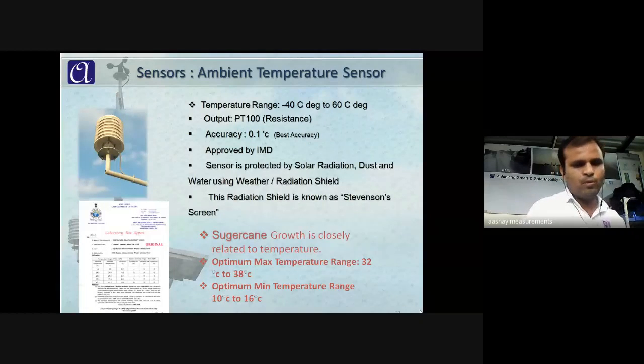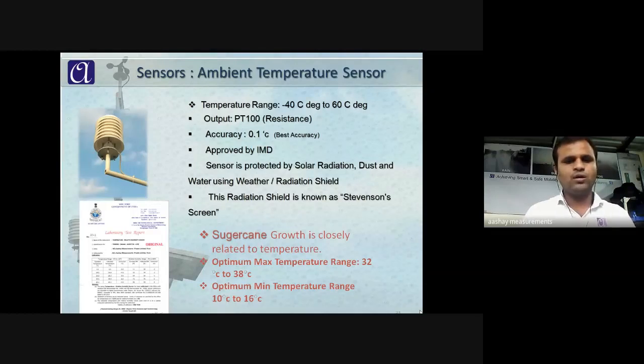Now we'll see more about the sensors. All our sensors which we have developed and manufactured are approved and calibrated by the India Meteorological Department. Here you can see the calibration certificate from the India Meteorological Department. Now the first sensor is the temperature and humidity sensor.